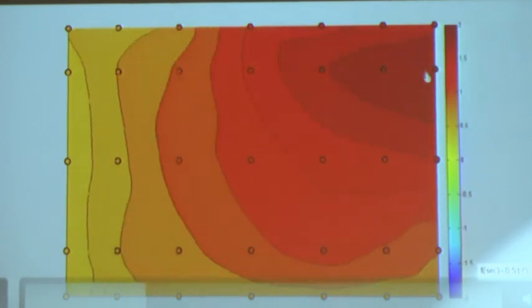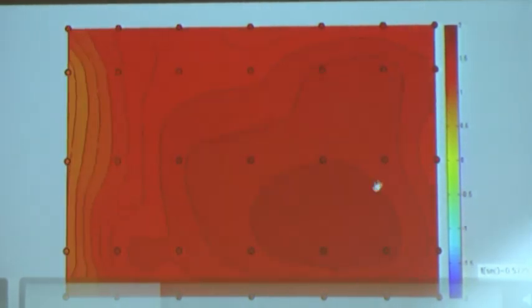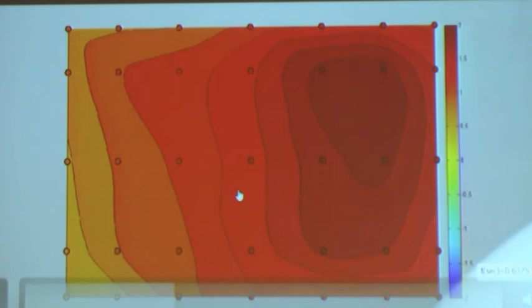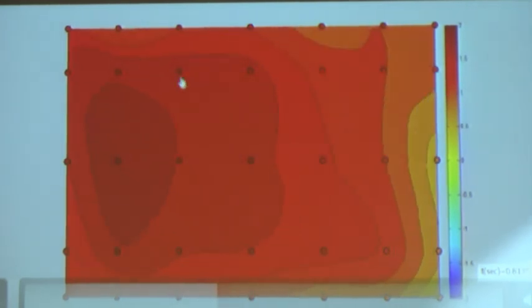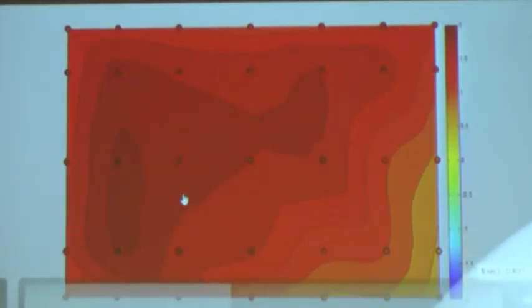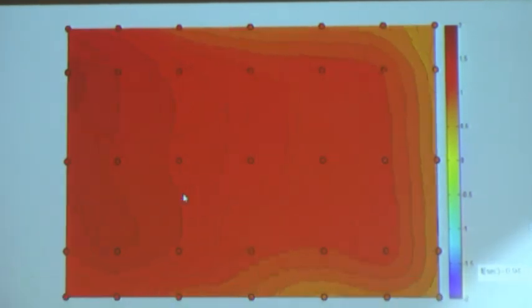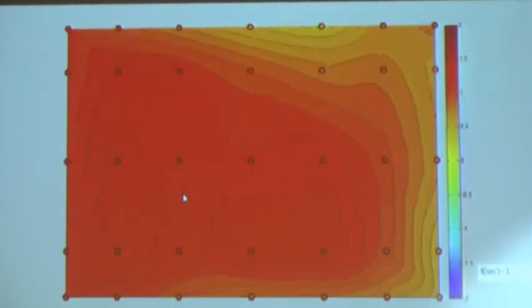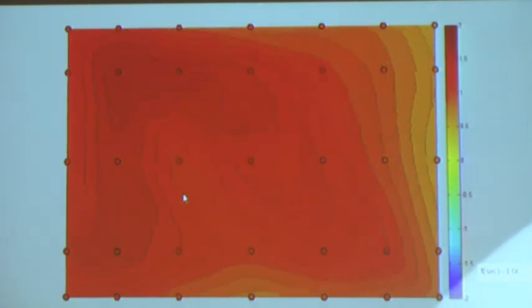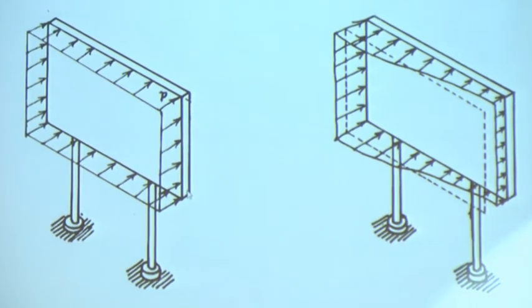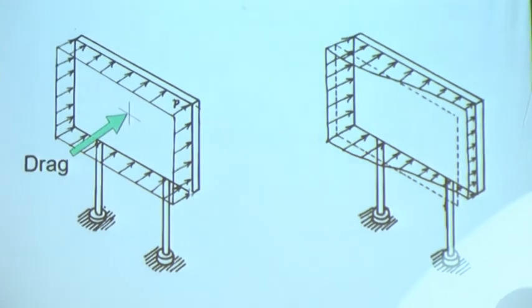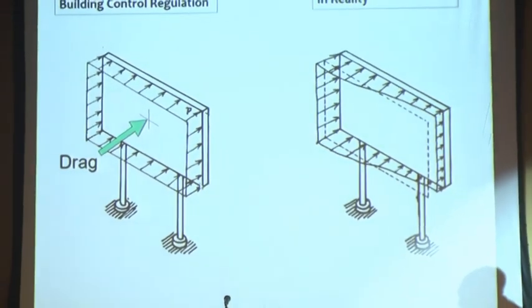So sometimes it's heavy on one side, like this, and then another time it may be uniform. And now it's moved to this side, heavy on this side. So that's a realistic wind pressure applied to the billboard. Sometimes it's uniform, sometimes it's not. But what is stipulated in the building control regulation is a uniform wind pressure that we use in the design of a billboard.